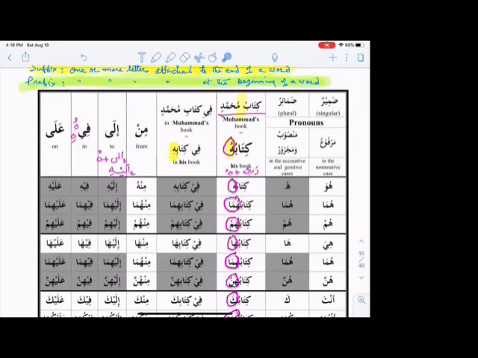Okay, brother? Illa. So maybe I should write it down properly, illa. So here, the way illa is written, when you want to attach something to it, see, there's a kasra here, there's a fatha here, and then the ya. The ya has a sukun.